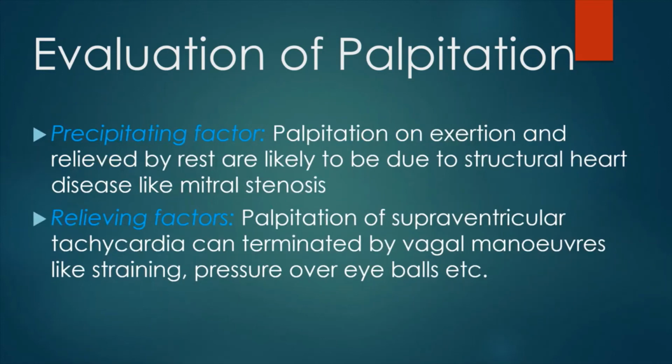Precipitating factor. Palpitation on exertion and relieved by rest are likely to be due to structural heart disease like mitral stenosis. 4. Relieving factors. Palpitation of supraventricular tachycardia can be terminated by vagal maneuvers like straining, pressure over the eyeballs, etc.